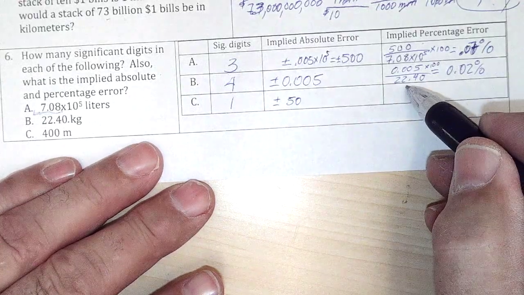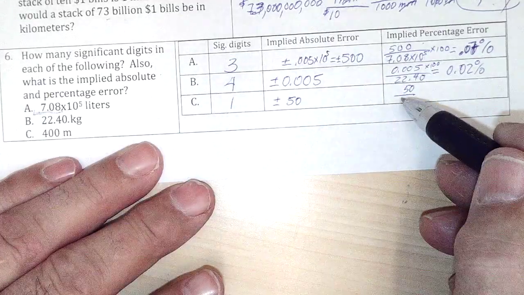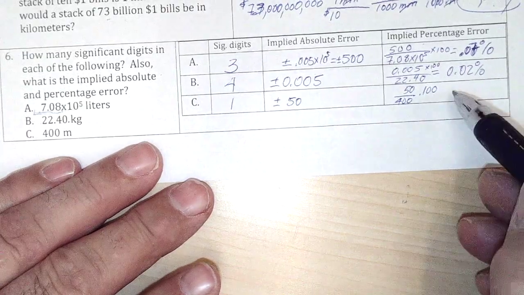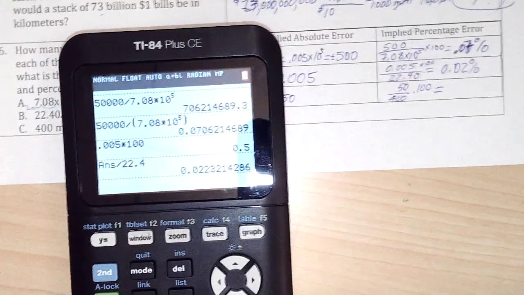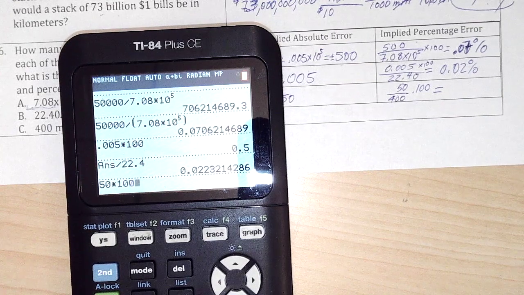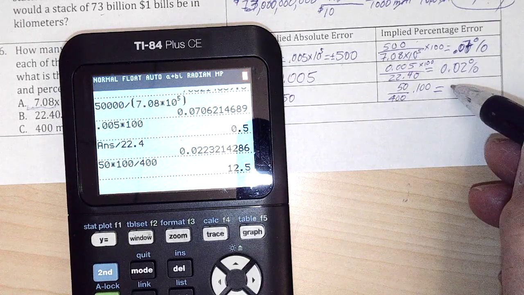So I've got 50 divided by 400 times 100, and that turns out to be 12.5%. But I'll show you. 50 times 100 divided by 400, 12.5% error.